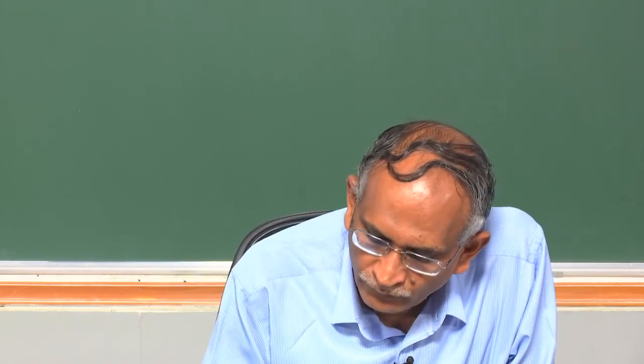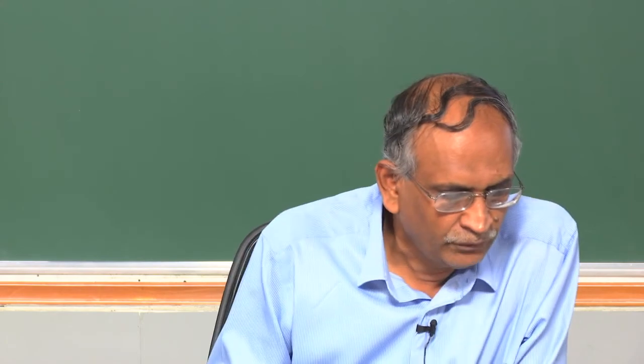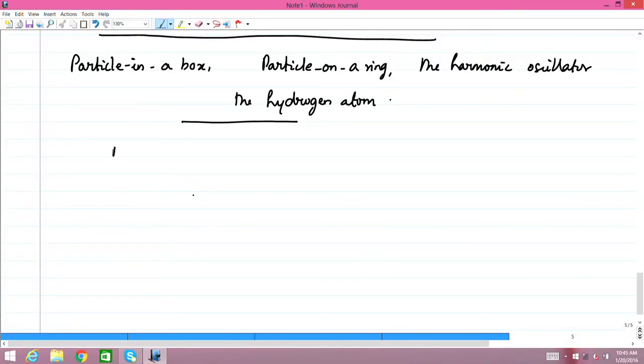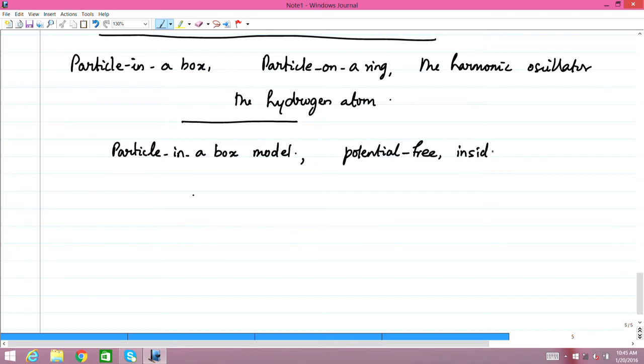Now, let us start with the simplest model, namely the particle in a box model. This is essentially a potential-free model inside the box, and the potentials are infinity outside the box and also at the wall.